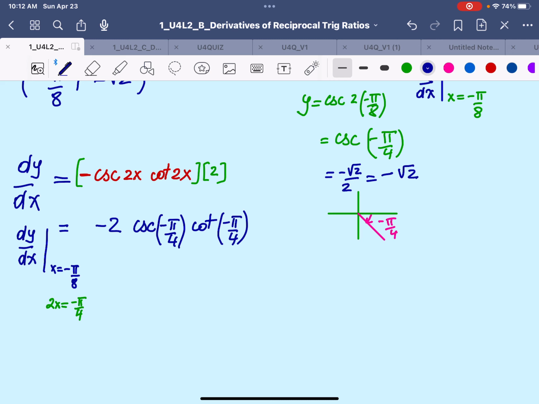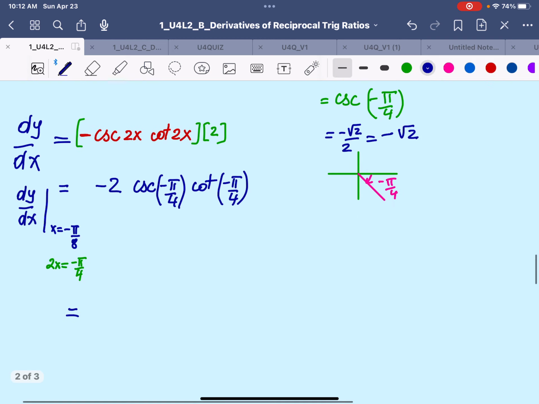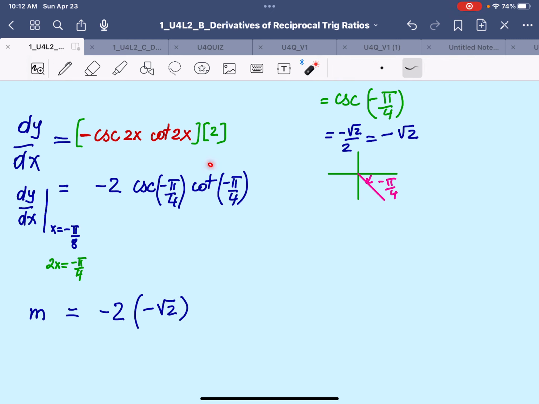The cosecant of negative pi over 4, which we just found, is negative root 2. That makes the slope equal to negative 2, the coefficient, multiplied by negative root 2. For the cotan of negative pi over 4, we are in quadrant 4, and cotan is x over y.